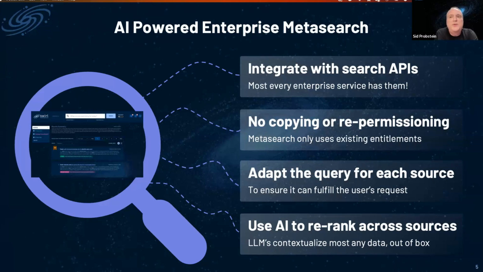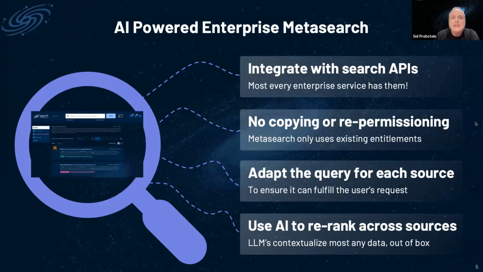It might be a database that really requires very simple input. So Metasearch has to handle that. The last point, maybe the most important, use AI to re-rank across sources. Large language models, the underlying technology in generative AIs like ChatGPT, are able to contextualize most any data. They are a universal reference, if you will, and they do it out of the box.